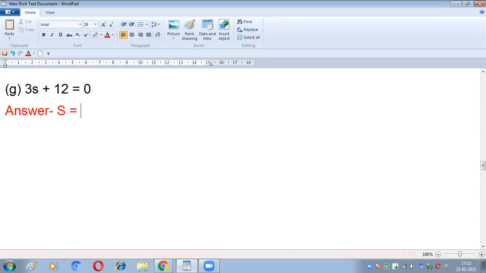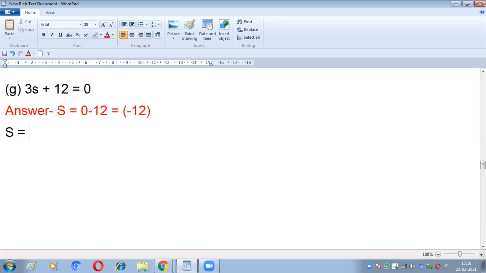First we will move 12 to the right hand side, where there is 0. 12 will have the sign of minus because it has shifted to the right hand side, so this will be minus 12. Now we will move 3, at last.